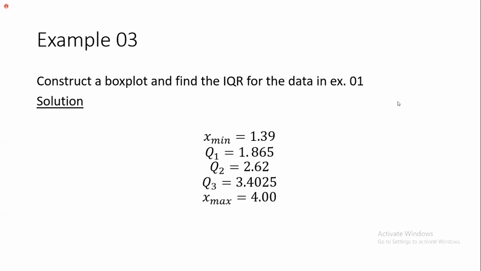Using these 5 values, you have to construct a box plot. As I told you earlier, if we know these 5 measures, minimum, maximum, Q1, Q2, Q3, we can easily draw a box plot for a data set. We have found these measures for the data set we considered in the last problem.